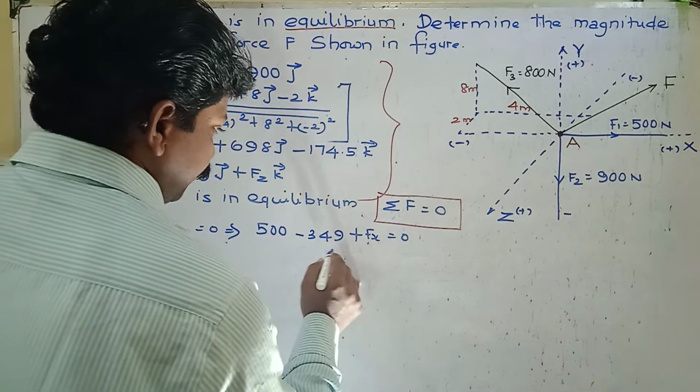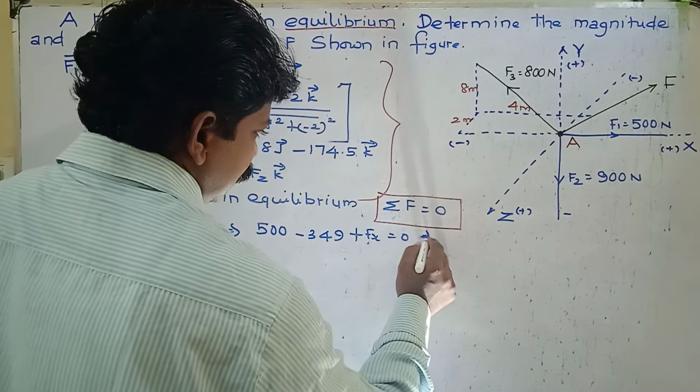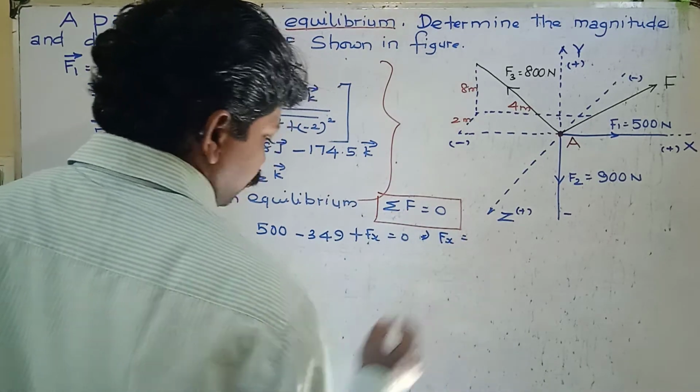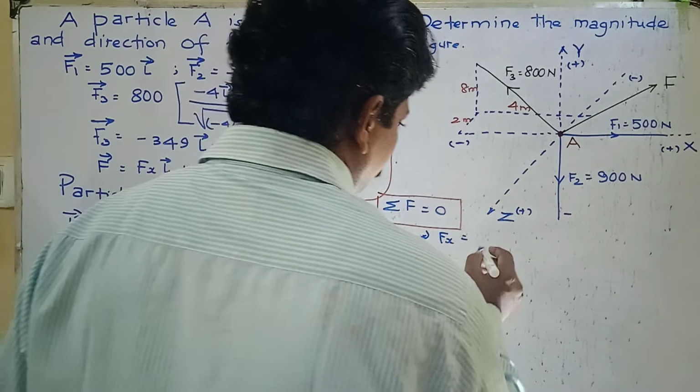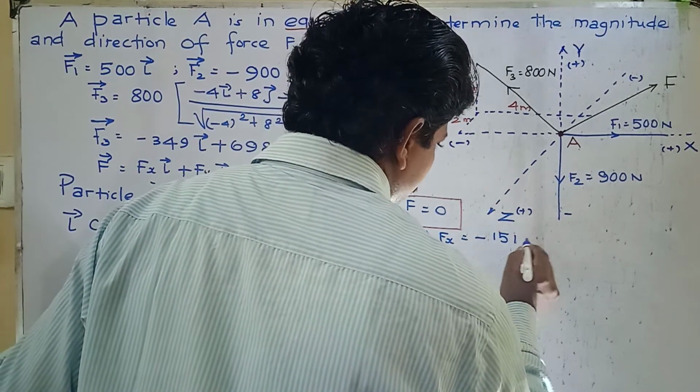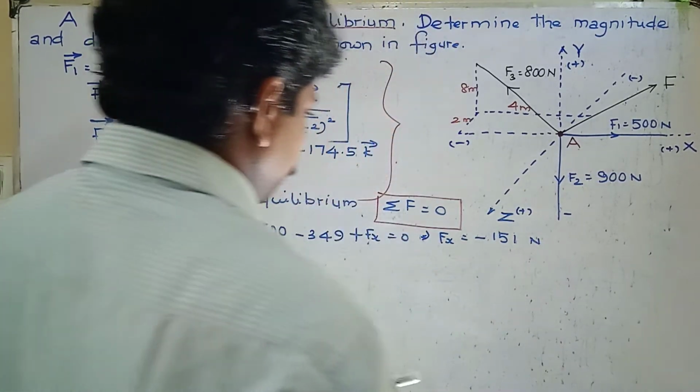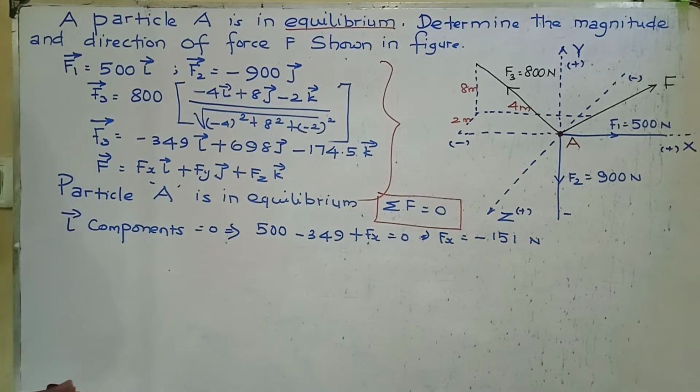From that find the value of Fx. Fx equals minus 151 Newton.